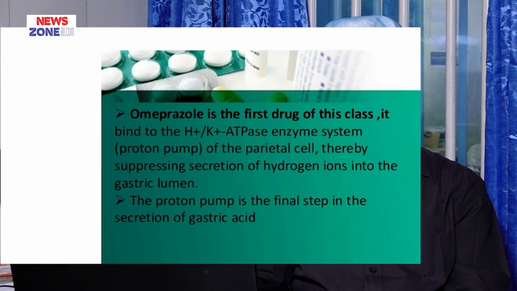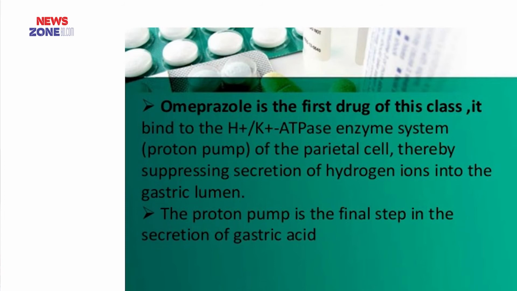Omeprazole is the first drug of this class. It binds to the hydrogen potassium ATPase enzyme system of the parietal cell, thereby suppressing secretion of hydrogen ions into the gastric lumen. The proton pump is the final step in the secretion of gastric acid.